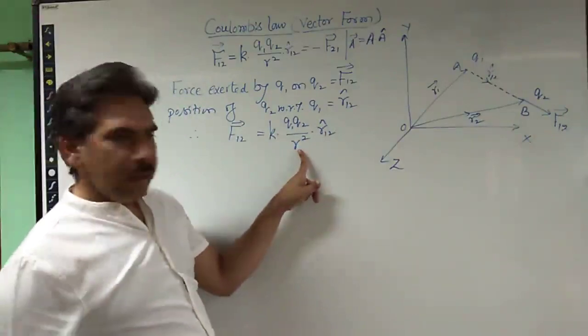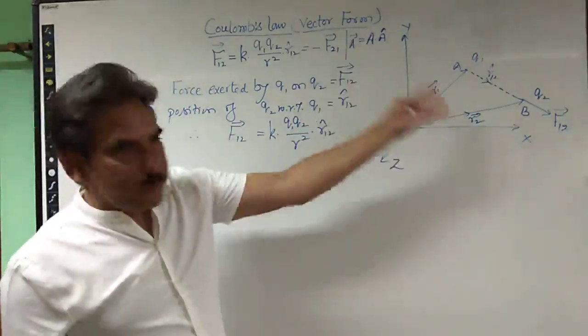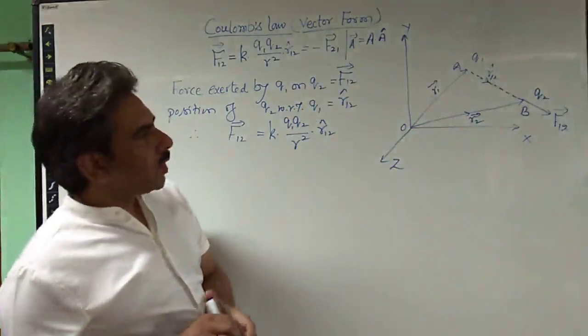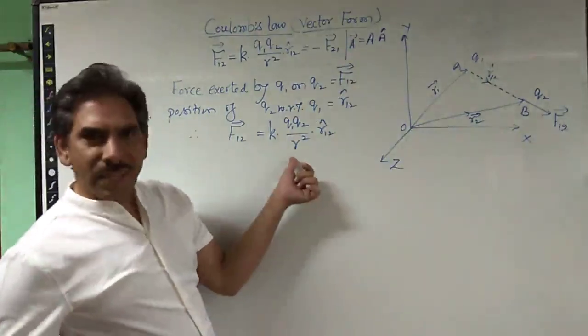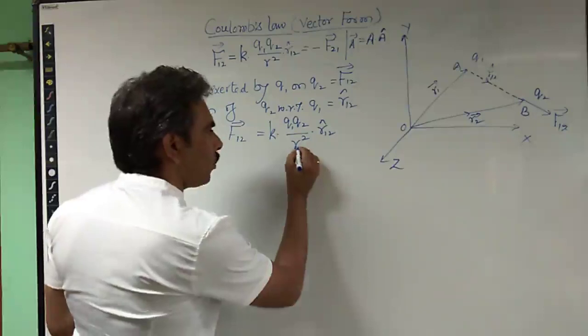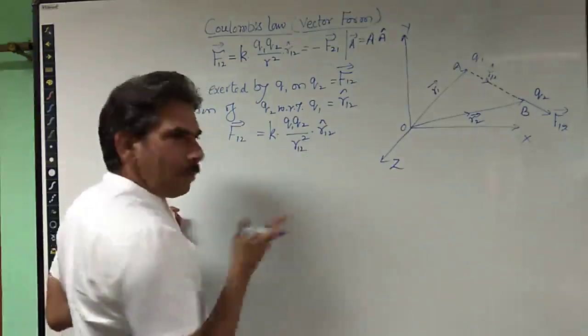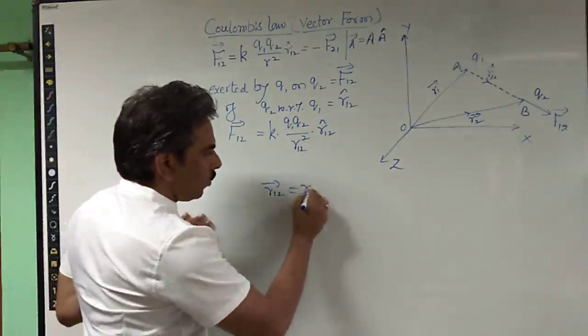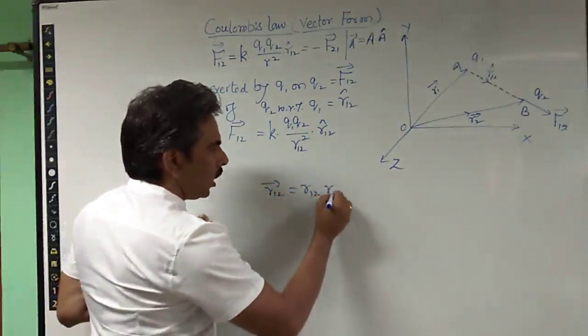Now, let us be a little more accurate in representation. This R, what is this? It is the separation between the two charges. But whenever we are putting them in vector form, either we write it as R or we write it as R12, the magnitude of the R12 vector, and this is R12 cap.